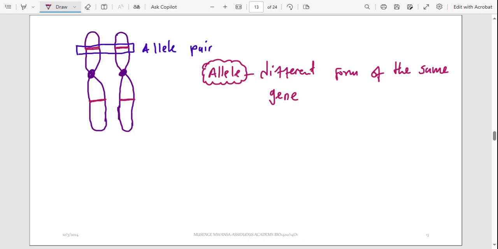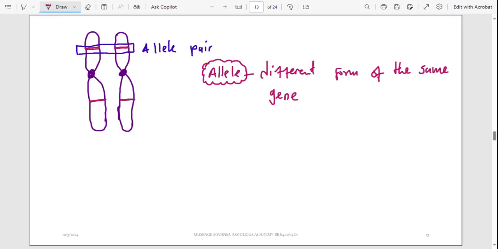So gene, what is a gene? So now when you're comparing a gene and an allele, a gene is going to specify a trait. For example, the eye color, or the height, or the size. But an allele will tell you what size, what color. So that's what an allele answers. The gene is just telling you the trait.